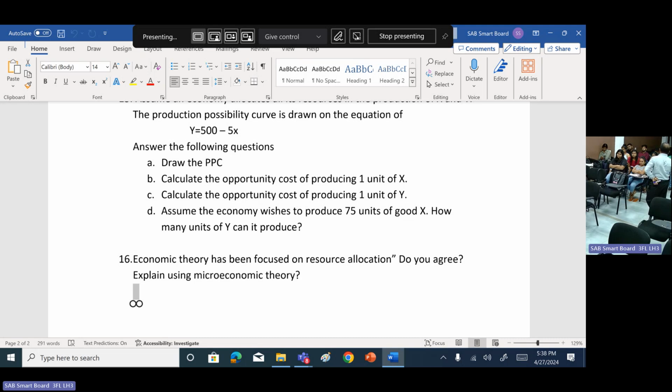Likewise, the theory of the firm, which you will learn next in business economics.